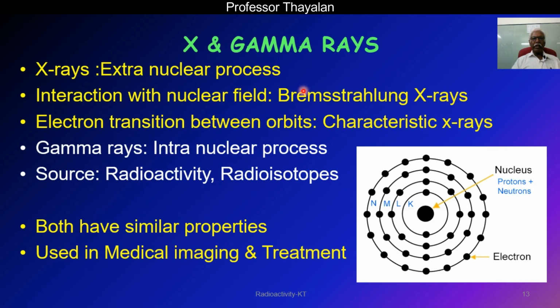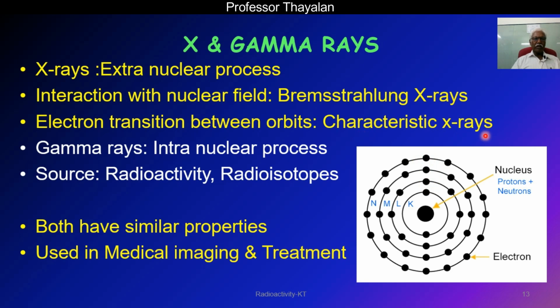What is the difference between X and gamma rays? X-rays are basically an extranuclear process. That means outside the nucleus, the X-rays are produced. The interaction with the nuclear field produces Bremsstrahlung. Electron transition between orbits produces characteristic X-rays.